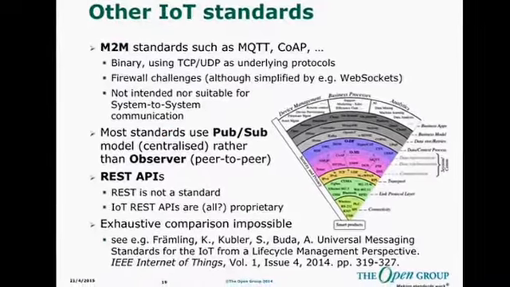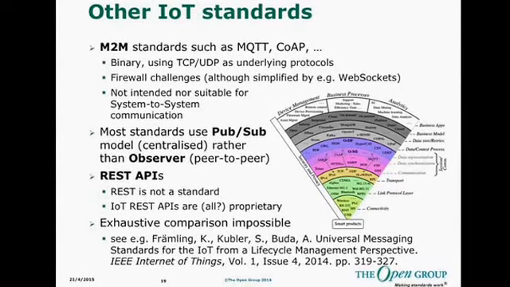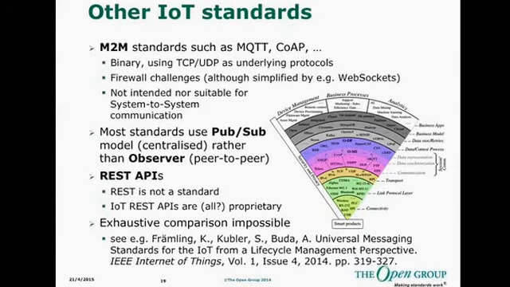Now, about other Internet of Things standards: due to the increased visibility of the whole Internet of Things, there has also been a lot of Internet of Things standardization activity going on.